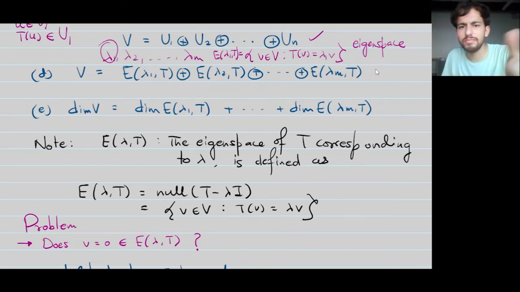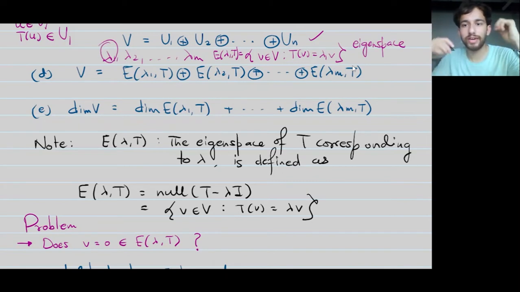In this case, it may be any lambda i, you can just change the expression of lambda i there. So you collect all such eigenvectors which satisfy this condition, then it forms an eigenspace. It will satisfy those conditions again because it's a space, so T preserves both addition and scalar multiplication.